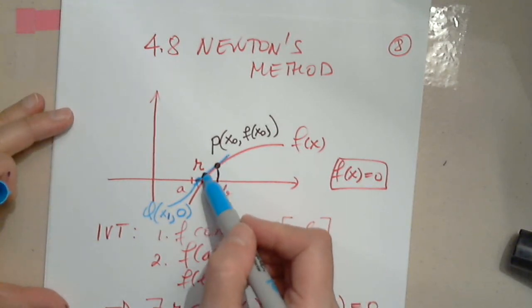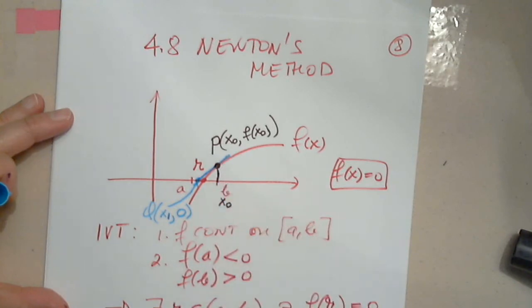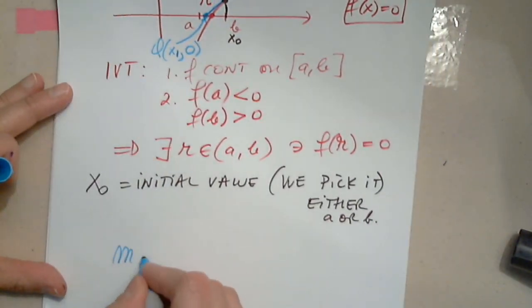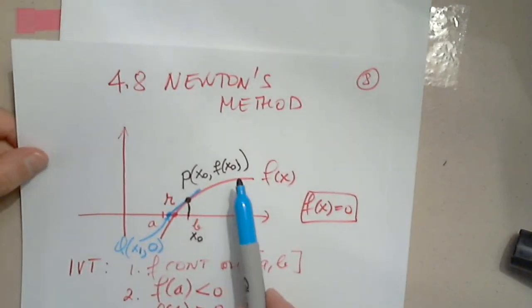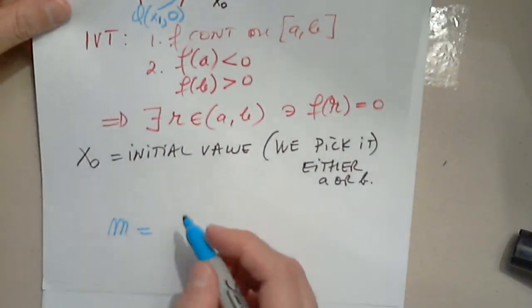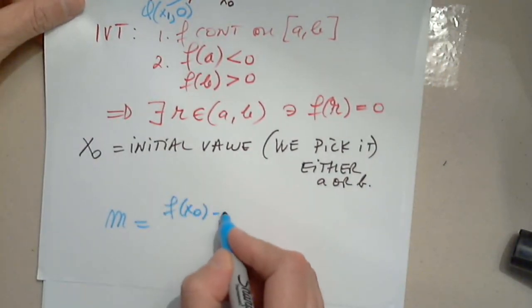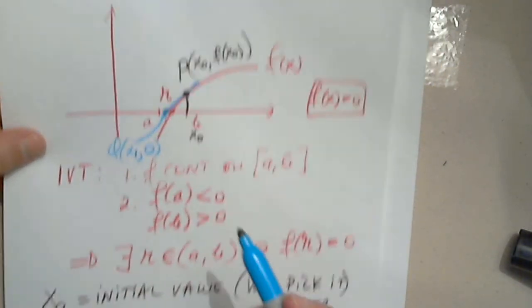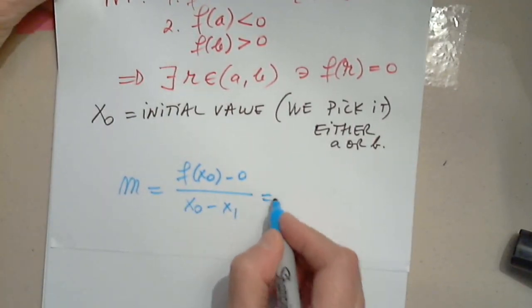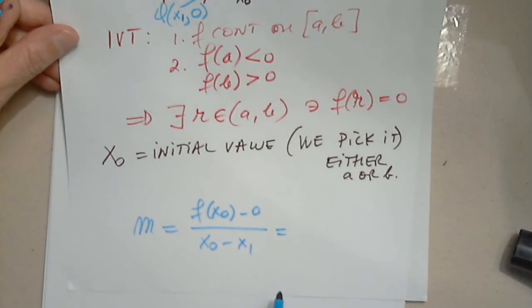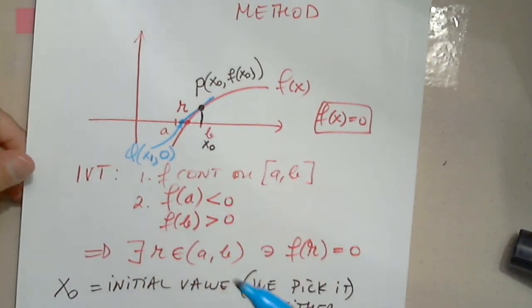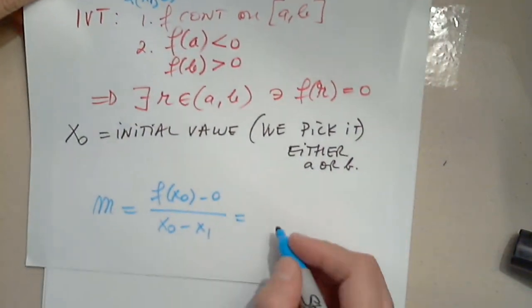I can determine the slope of the tangent line in 2 different ways. One way is y2 minus y1 over x2 minus x1: f of x0 minus 0 over x0 minus x1. But I can also determine the slope of the tangent line at P by simply writing f prime of x0.